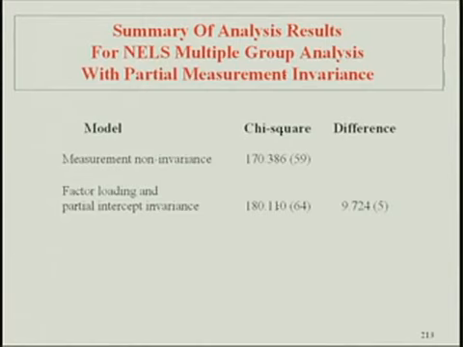So it would not appear that we need to do anything more about this. Maybe this is sufficient, just adding those two like we saw in the MIMIC model. Although we can get at more parameters in multiple group analysis, the factor loadings were fine, so we didn't need to do anything about factor loading invariance. But you can't test that with the MIMIC model. You have to have the multiple group model to do that.